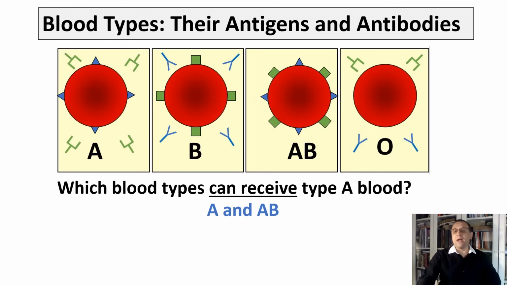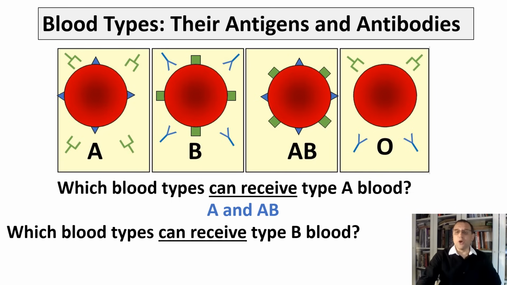As you remember, and as you see from this diagram, type A blood individuals produce type B antibodies. The shape of type B antibodies does not match the shape of their antigen. Therefore, clumping does not occur. AB can indeed receive type A blood because type AB does not produce any antibodies against the mentioned blood types.